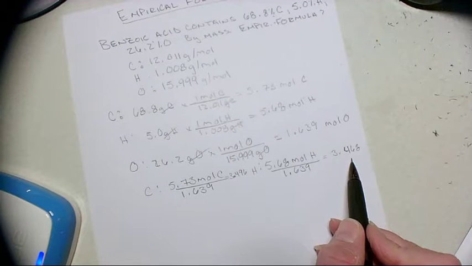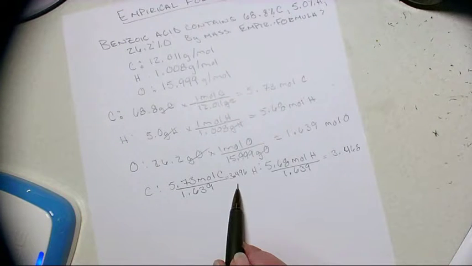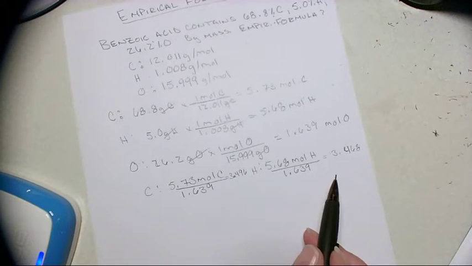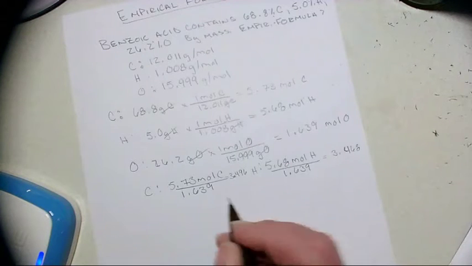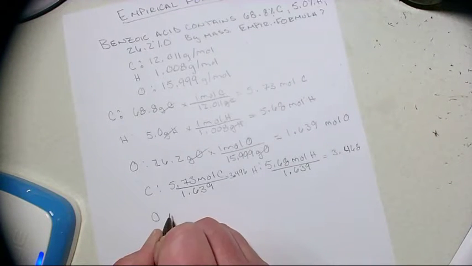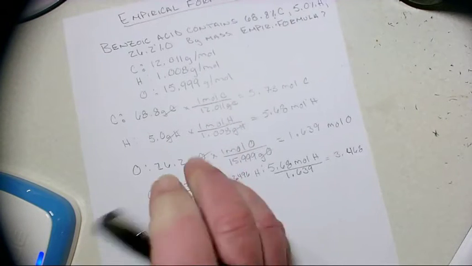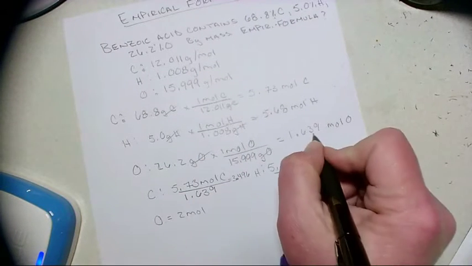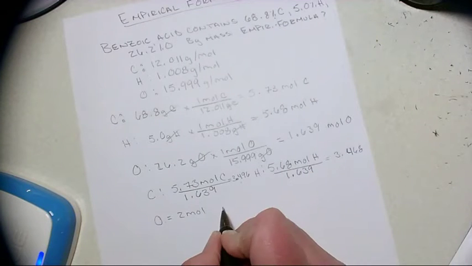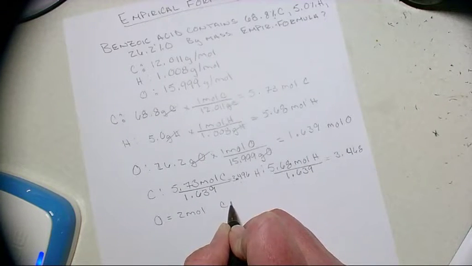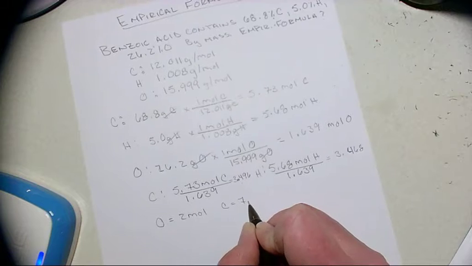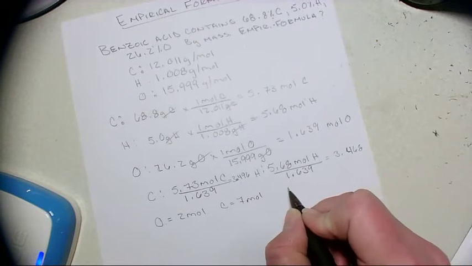Same with this guy. So this is essentially 3.5 and 3.5. Multiply it by 2. This is 1, so oxygen would become 2 moles, because it was 1 mole here. This would become 7 moles, as with this.